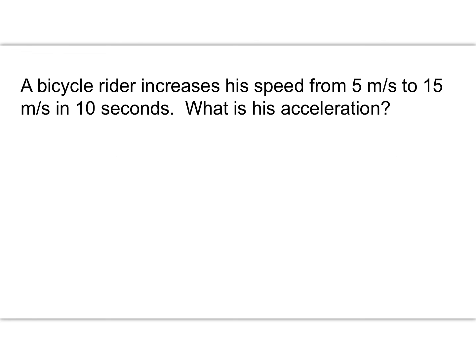Still really three variables. All right, a bicycle rider increases his speed from 5 meters per second to 15 meters per second, and this change occurs in 10 seconds. What is their acceleration?